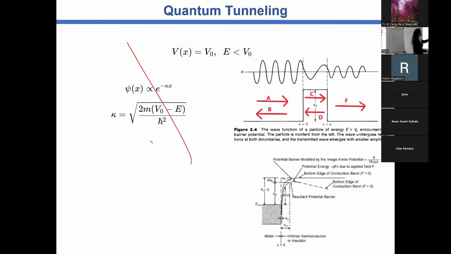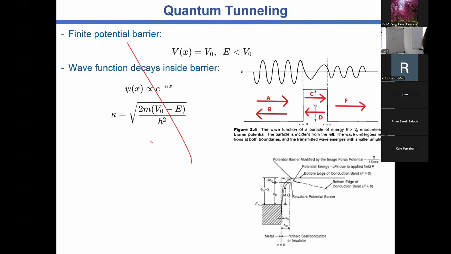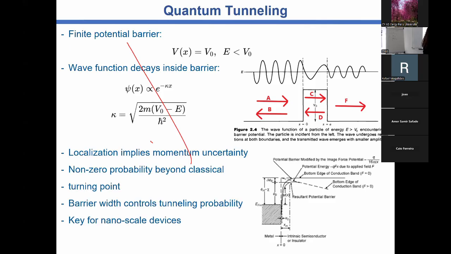So here is a nicer sketch. Here we have the wave function in energy. In terms of energy, here we don't have any potential applied. Here we have a barrier with a high potential applied and one width.